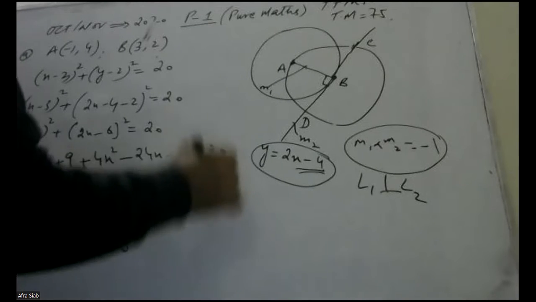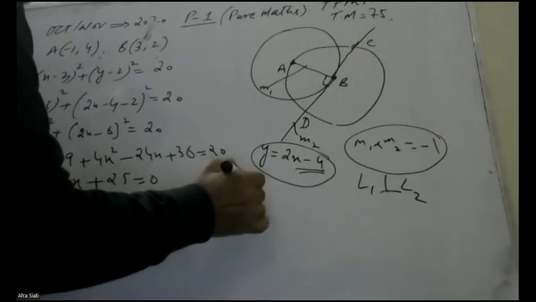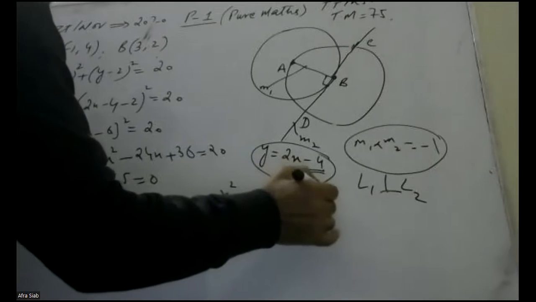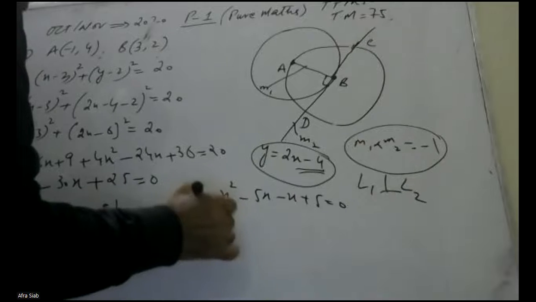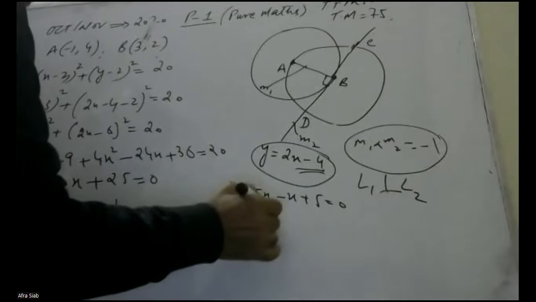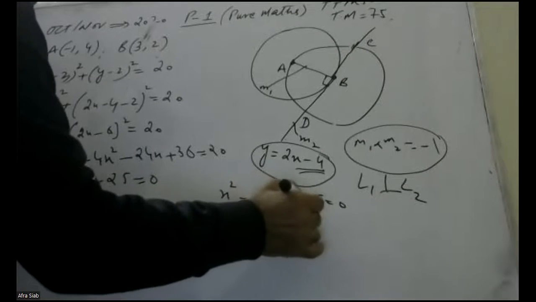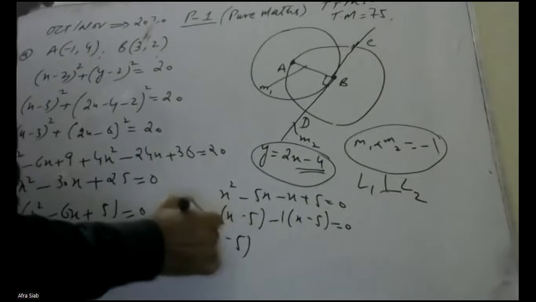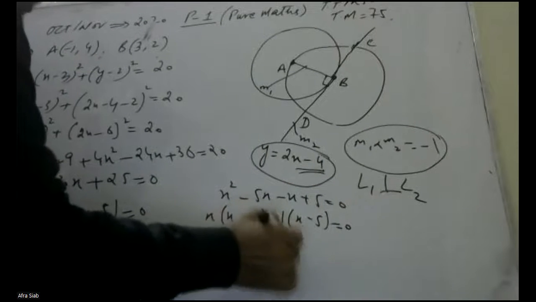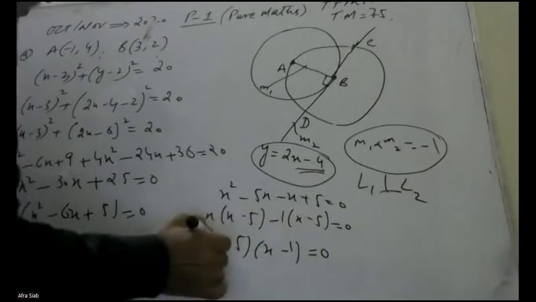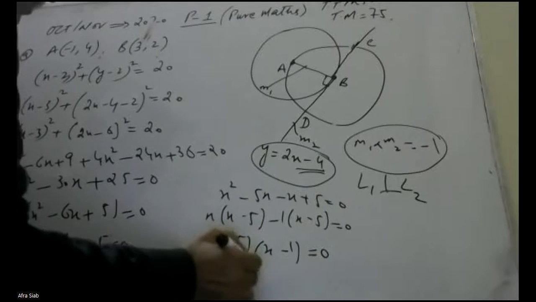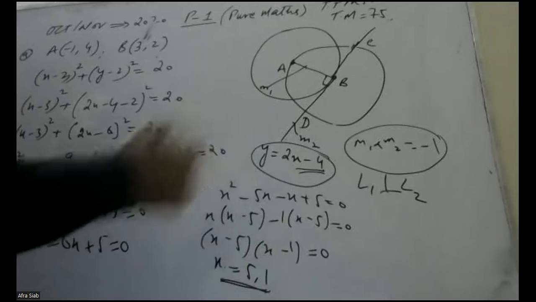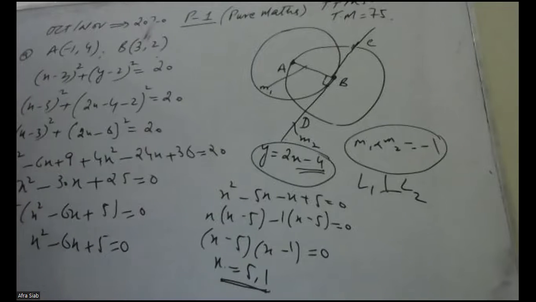Then x squared minus 5x minus x plus 5 is equal to 0. x is common, and minus 1 is common, so (x minus 5) into (x minus 1) equal to 0. Then x should be equal to what? 5 and 1. So these are the x coordinates of the points C and D.